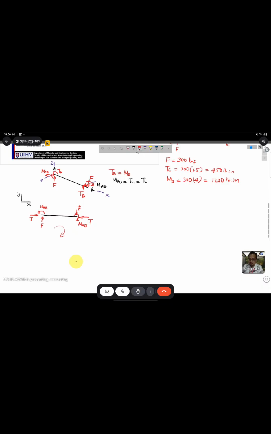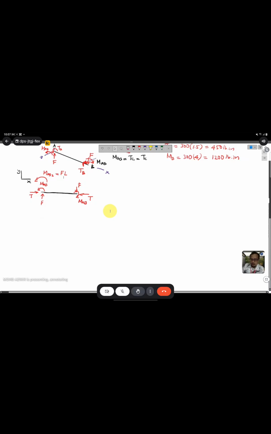So to cancel this moment, you need to put another bending load over here, which is MAB2, where MAB2 is equal to F times the length of the rod. F times the length of the rod.